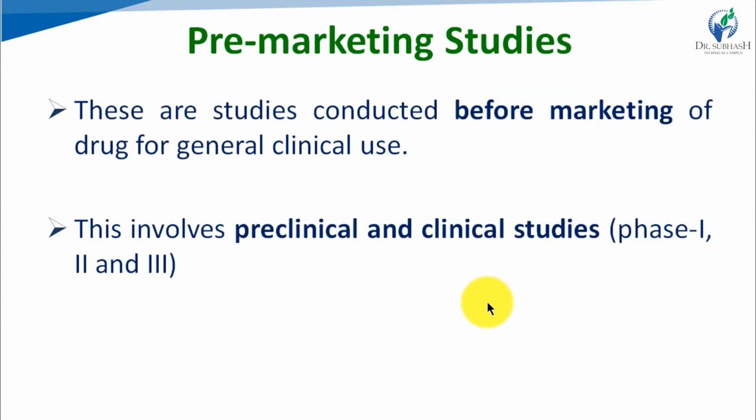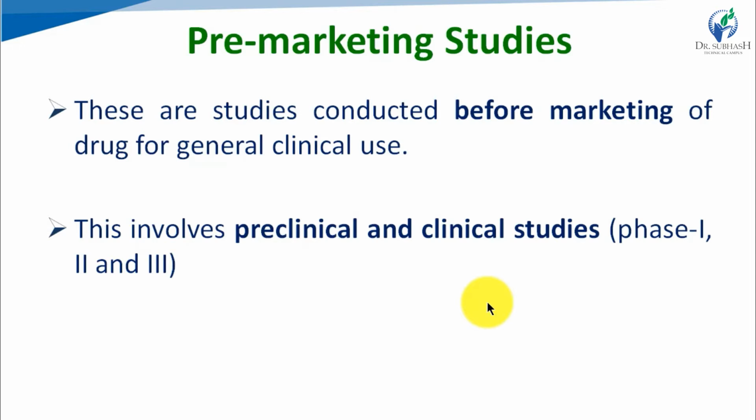So first, pre-marketing studies. These are the studies conducted before marketing of the drug for general clinical use. देखिए, pre-marketing studies मतलब ये studies कब की जाएगी? Before the marketing of the product. यहाँ पे अभी तक product market में नहीं आया और इससे पहले हम studies कर रहे हैं. Pre-marketing studies are again divided into preclinical and clinical studies.